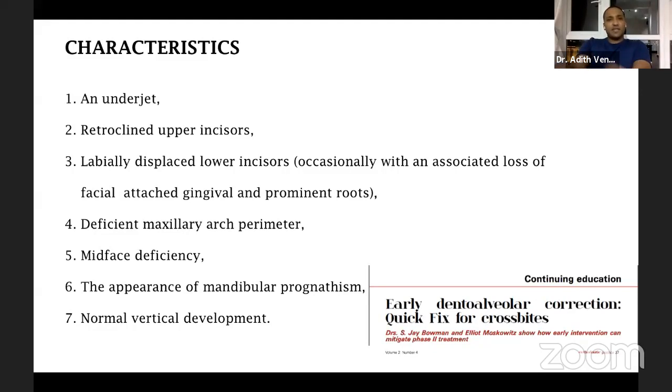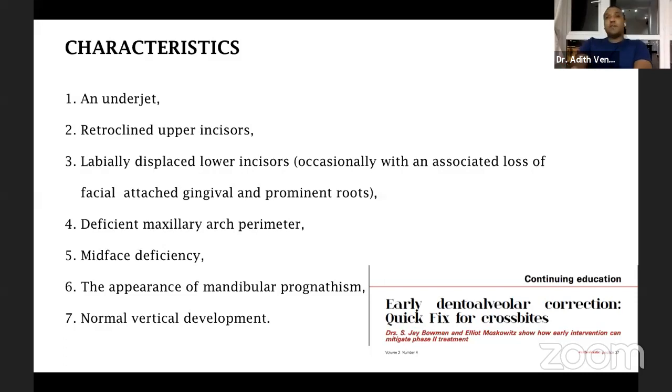You will of course find an underjet and retroclined upper incisors, which is not very common in a true class 3. In a true class 3, the compensatory mechanism is the opposite: flared upper incisors and retroclined lower incisors. But in this, most probably, I'm not saying in all cases, you would find retroclined upper incisors, labially placed or flared lower incisors, and deficiency in the maxillary arch perimeter, which is a very, very important characteristic.